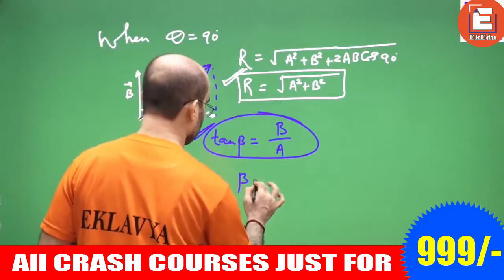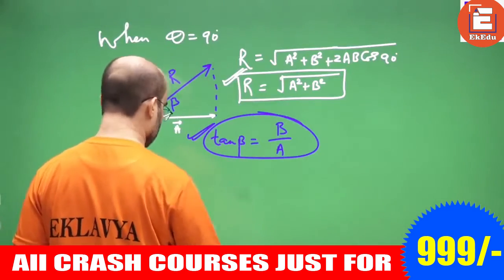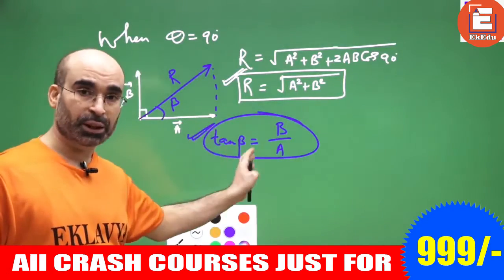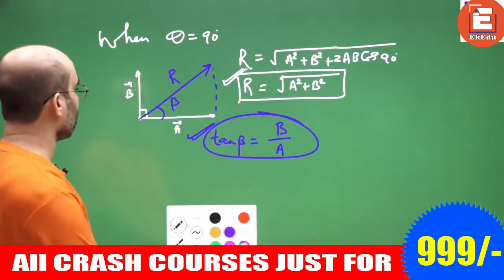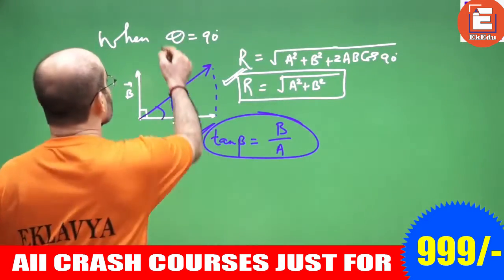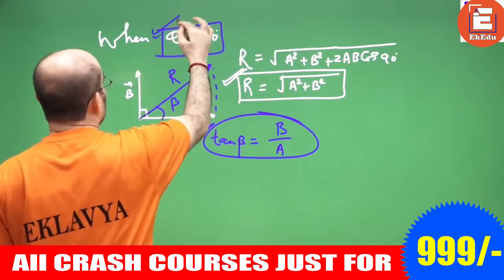That means beta can be written as tan inverse B by A. This is the condition when theta equals 90 degree.